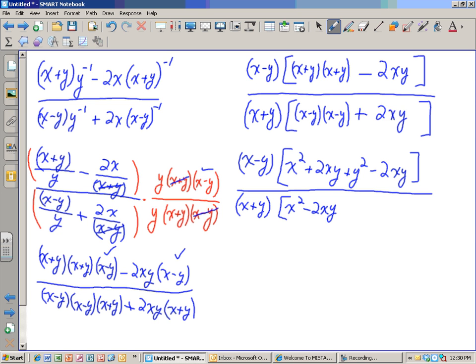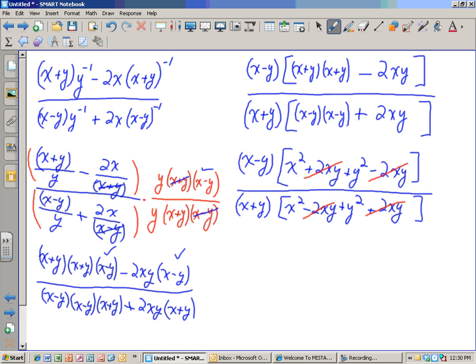That is x squared minus 2xy plus y squared plus 2xy. Close that bracket. Brackets are the same as parentheses. Simplify the numerator. Well, let's see. 2xy minus 2xy cancel. In the denominator, negative 2xy and a positive 2xy cancel.